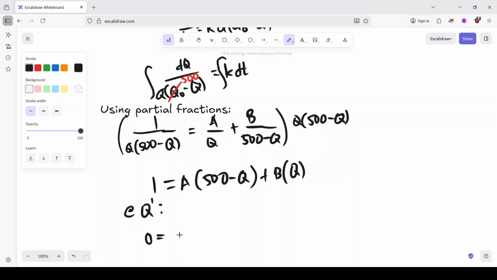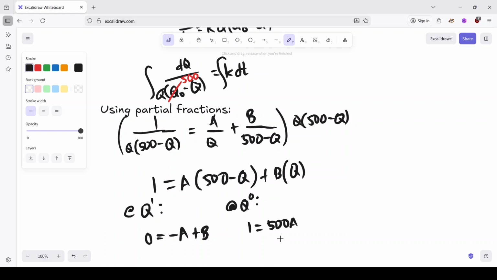A times negative Q, this is Q raised to 1, so minus A. And then plus B times Q, this is Q raised to 1, so plus B. Next we have the constant, Q raised to 0. On the left side, we have the constant 1. On the right side, we have the constant A times 500, so 500A. And there is no constant on the B side.